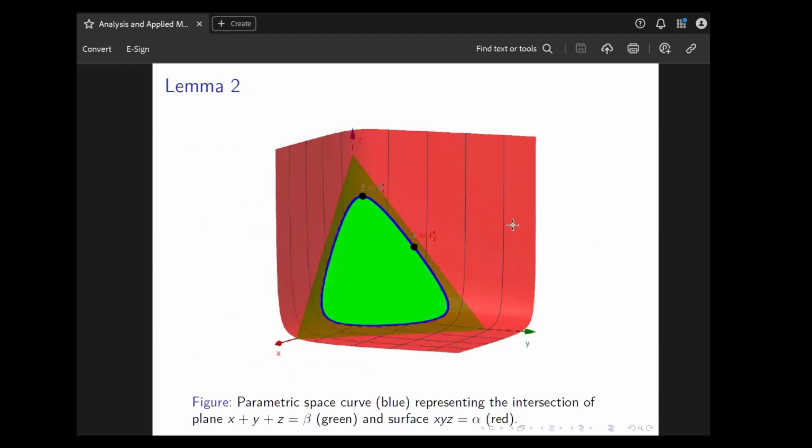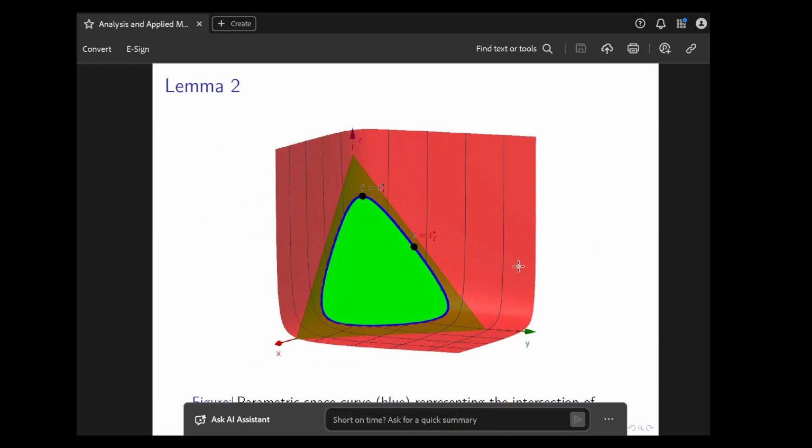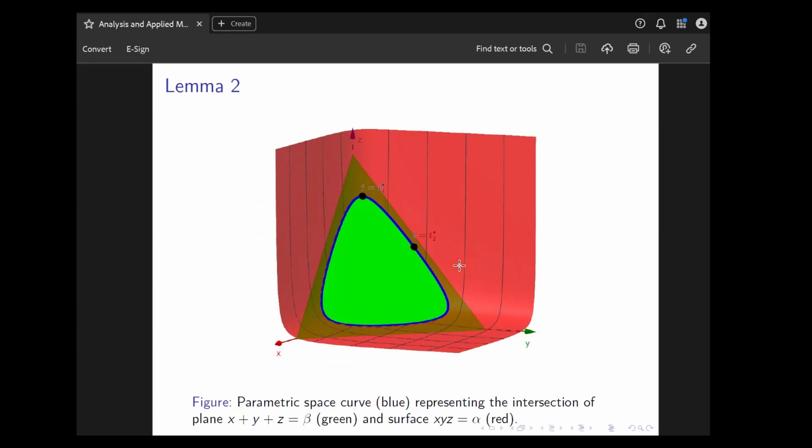This red one represents the surface xyz equals alpha. This green one represents the plane x plus y plus z equals the constant beta. So their intersection is a curve, which is blue.